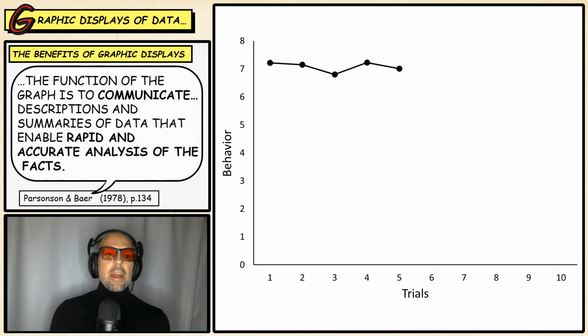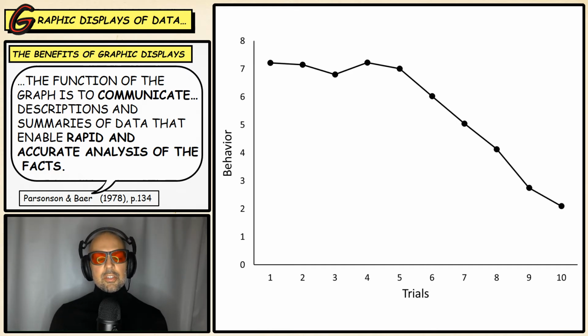And when you compare visual analysis to statistical analysis, visual analysis takes less time. It takes you milliseconds to make a decision and see that trials 6 through 10 have lower levels of behavior, or decreasing levels of behavior. Whereas if I was to do a statistical analysis on this, it would take me much more time. So visual analysis takes less time.